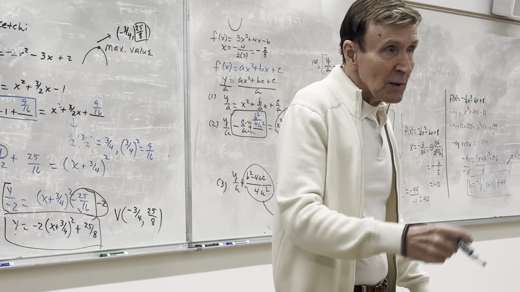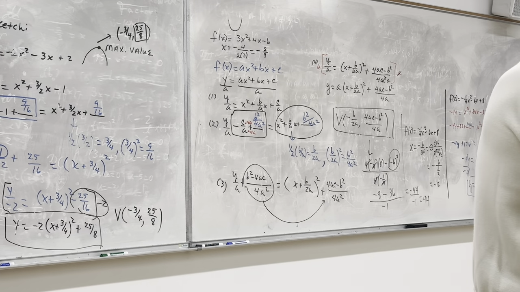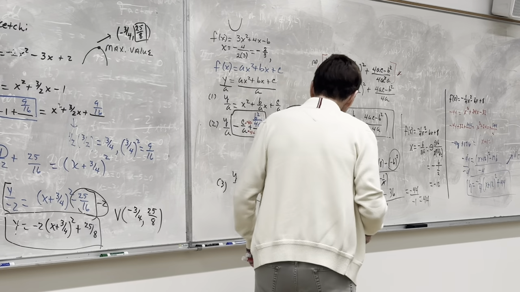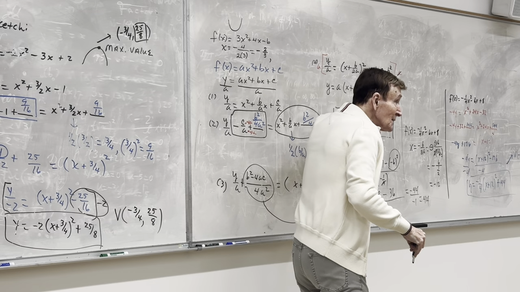That true? The big value I'm looking for, though, to answer the question, is the next part. 4ac, we got this out of the way. The next part is this, the y-coordinate.